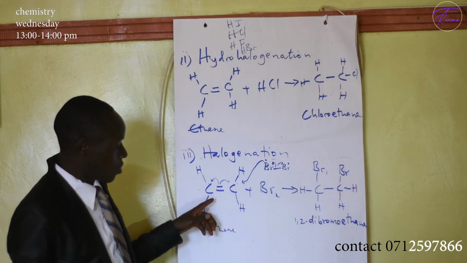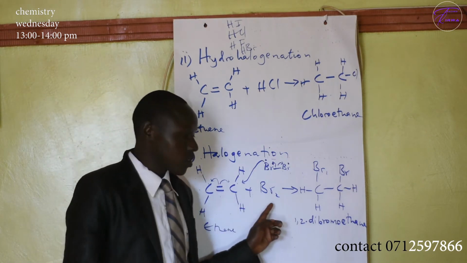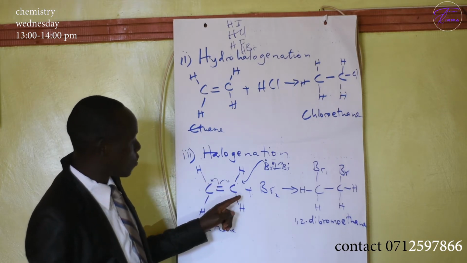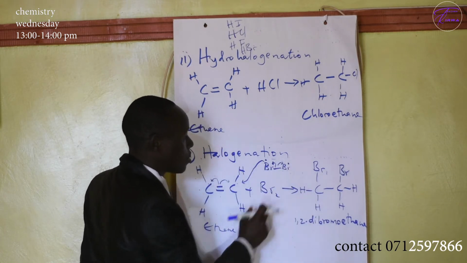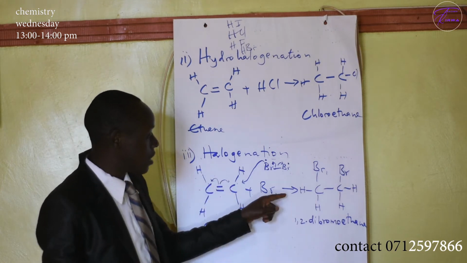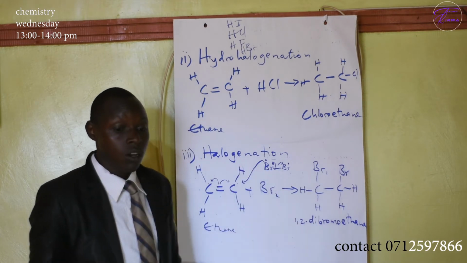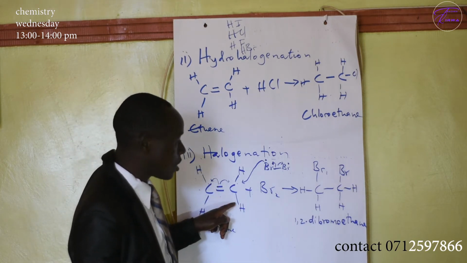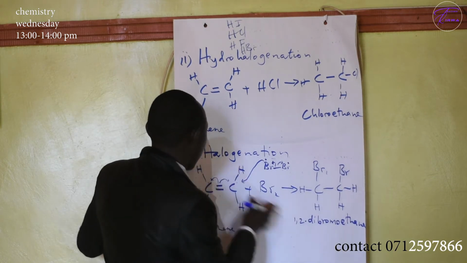Now, this reaction should not be confused with the one that we did for alkanes. In alkanes, we looked at almost similar, but we call it substitution, and there was a condition we mentioned, that we must have sunlight or UV. So this one is different, this is halogenation. For alkanes, it was substitution. So that's number 3.